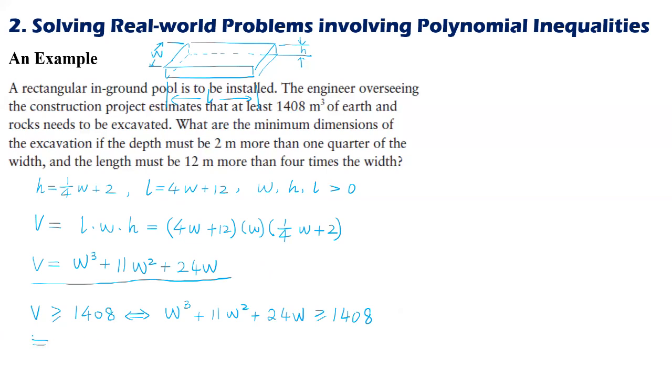So this is equivalent to W cubed plus 11W squared plus 24W minus 1408 greater than or equal to 0, right? Now we need to factor the expression on the left.